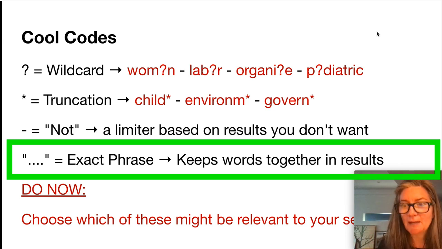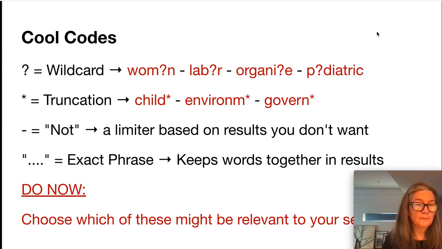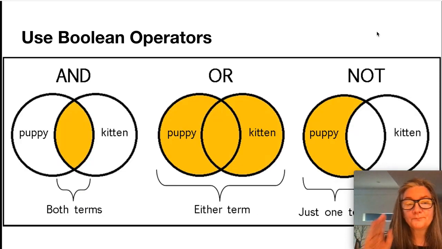I can't think of anything right now, but as you start searching, you'll see that there might be key terms in your search that belong together. Like child protection, for example. That's a commonly used phrase that we use in schools a lot, child protection. I want to put that in quotation marks so I'm getting that phrase and things that relate to it all together. So, just look and see which of those might be relevant for your search.